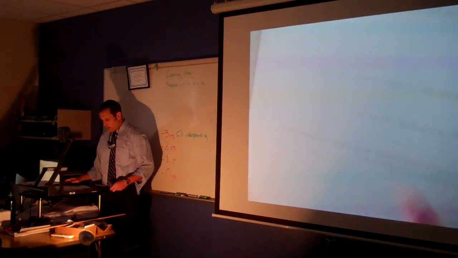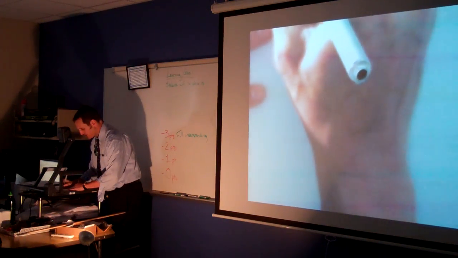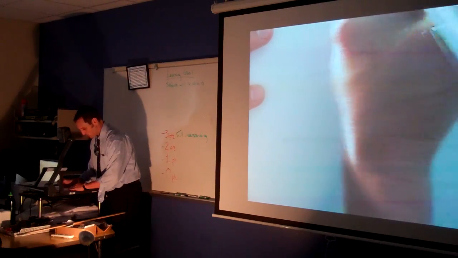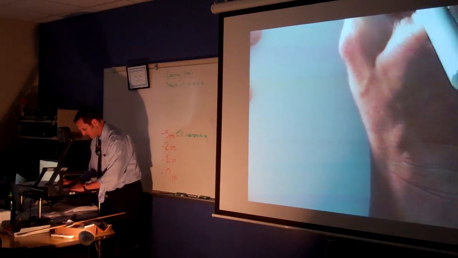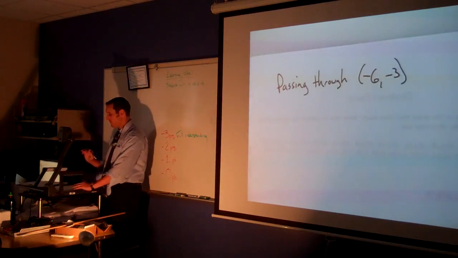Let's write the equation of the line passing through an ordered pair. In this case, -6, -3. Here's the first piece of information we're dealing with.